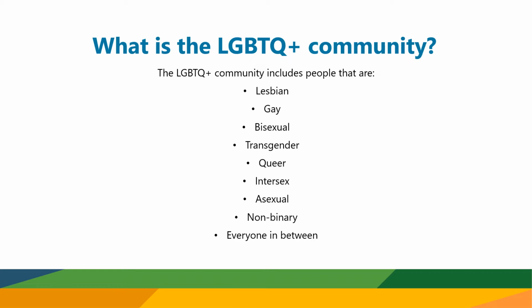Cisgender meaning that you have the gender that is assigned to you, and anyone who does not have the sexual orientation of straight. It includes everybody in between and questioning, and is just a very inclusive way to say all of these people. Of course, there are many other avenues because everything is very fluid, but these are the main labels that are used in the LGBTQ plus community.